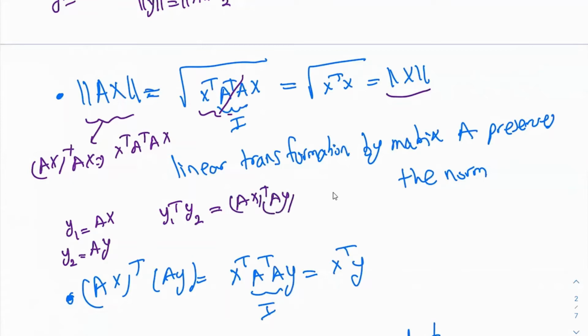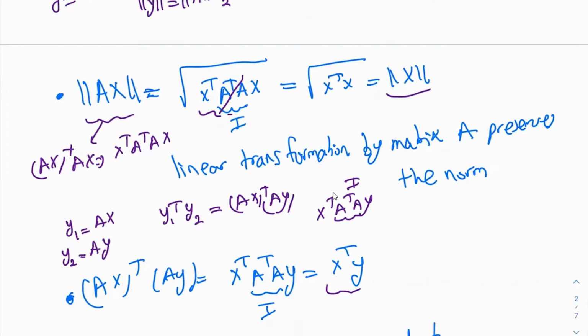And if you do that, you will see that again Ax transpose becomes x transpose A transpose Ay, but again this is identity, so we get x transpose y back. So under orthonormal transformation, the inner product also remains the same.